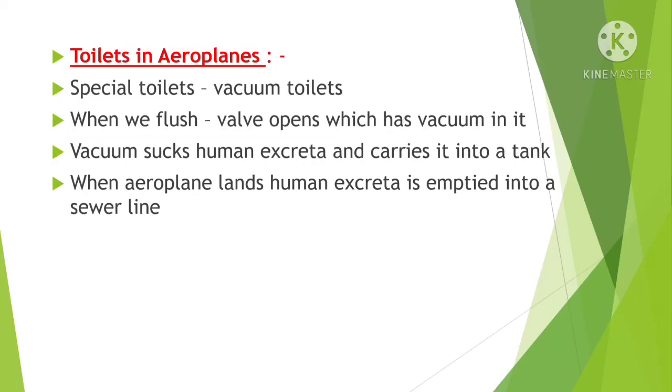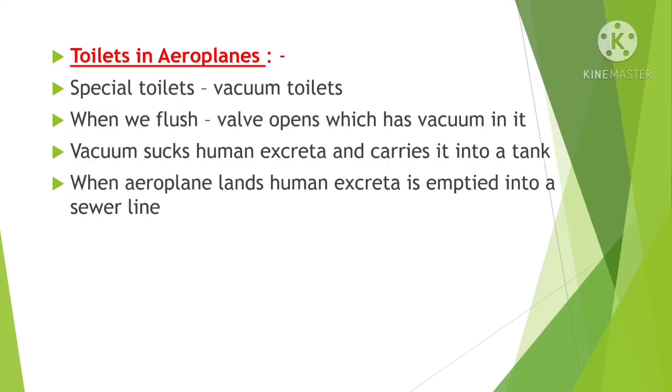Now the next is the toilets in aeroplanes. Aeroplanes have a special type of toilets that are called vacuum toilets. Now the human waste in an aeroplane is disposed of by the vacuum toilet.